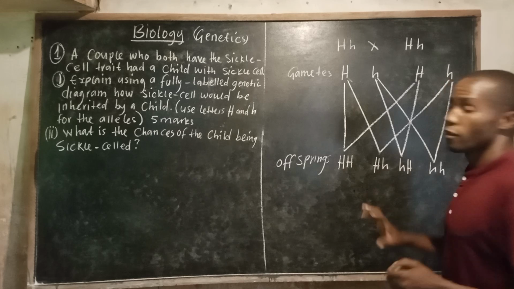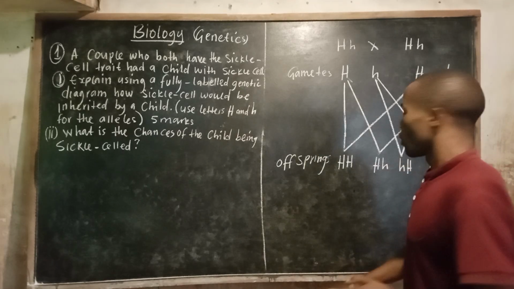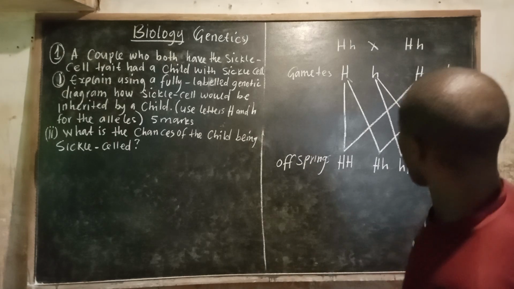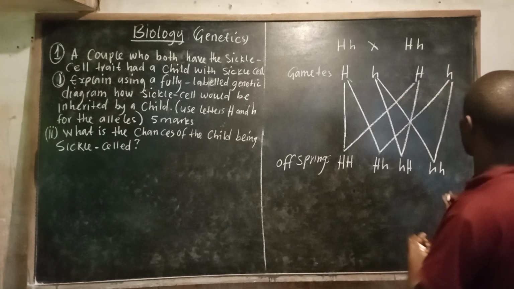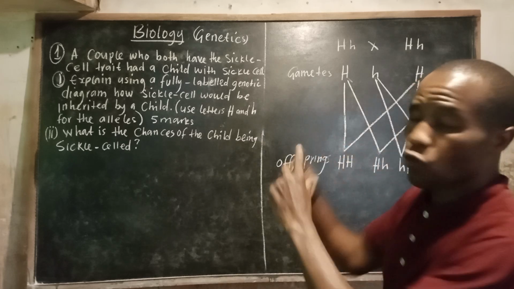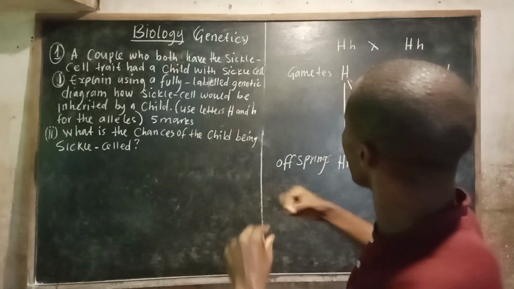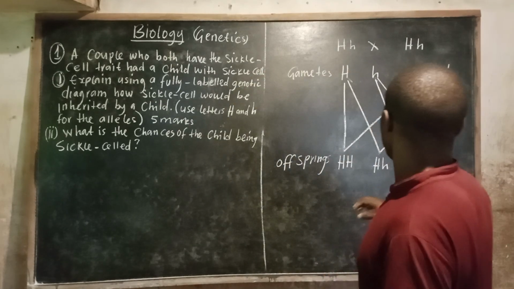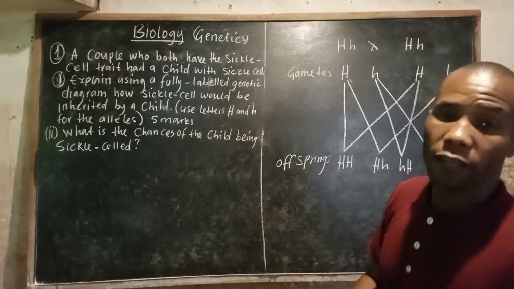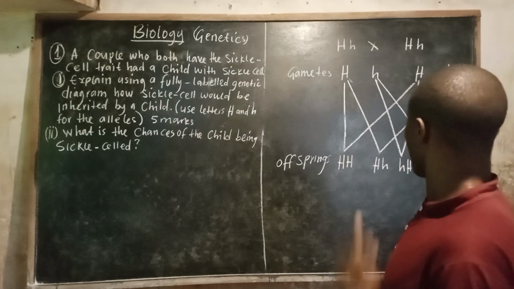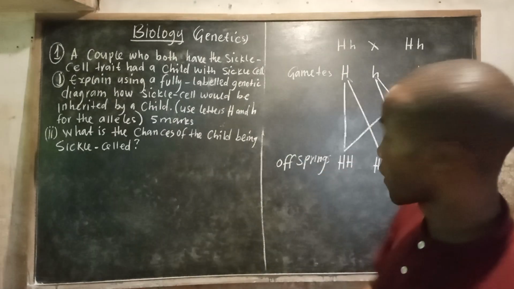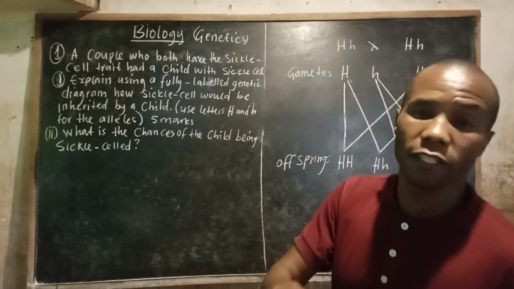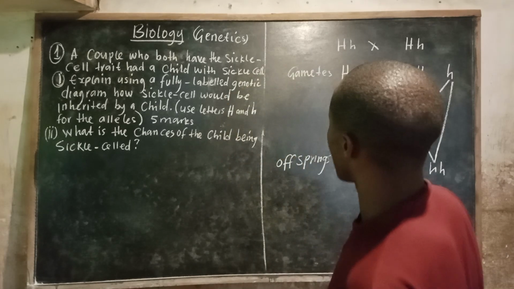Then these three have no sickle cell, and 2 of them have the trait of sickle cell. So when these two parents who have the traits of sickle cell got married, they had 4 children: one with sickle cell, one purely without sickle cell, then 2 with the trait of sickle cell.